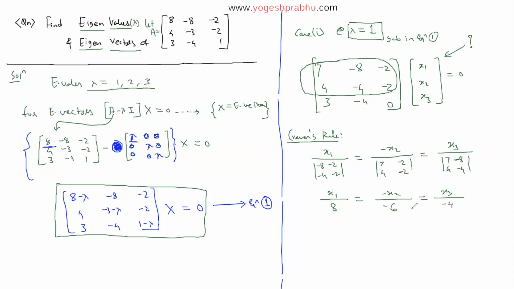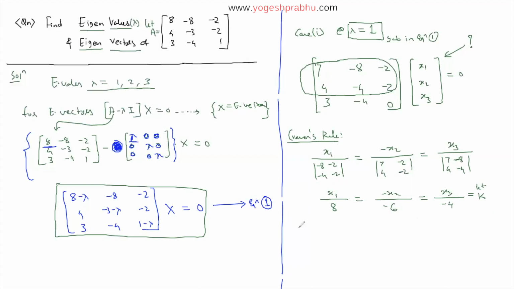Now once you get these numbers, we can simply assume that we got this equal to this equal to this, and let this be equal to k. So if I compare the first one with this, the second one with this, and the third one with this, because they all are equal, I should get the values of x1, x2, x3.